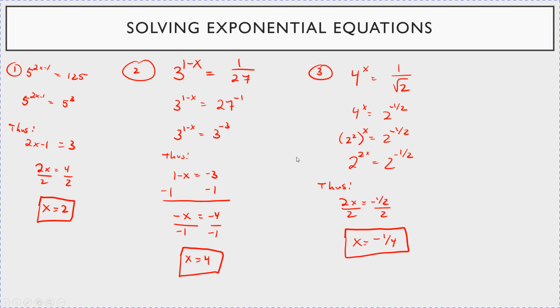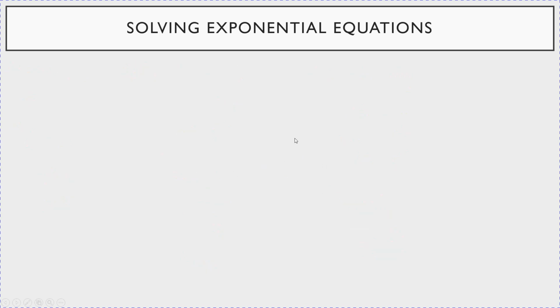All right. Let's try maybe two slightly harder ones, or not. Let's just keep practicing here. Let's try this one. e to the x plus 4 is equal to 1 over e to the 2x. And then also let's try this one here.